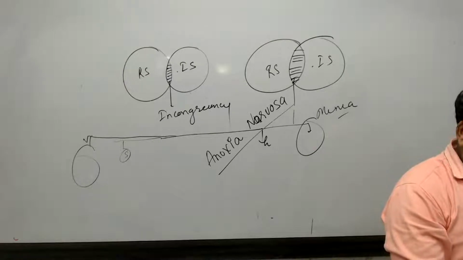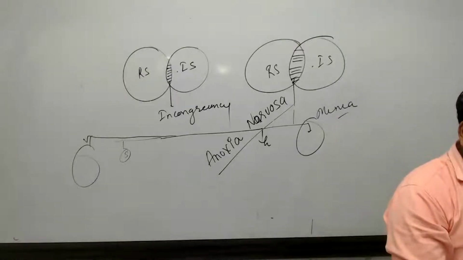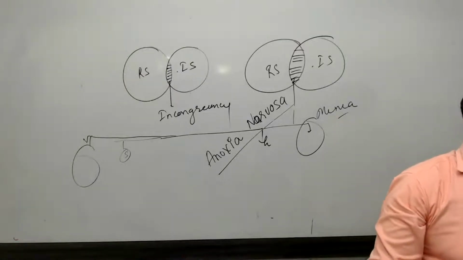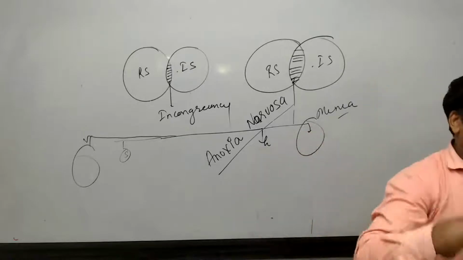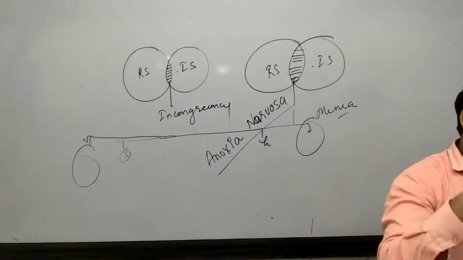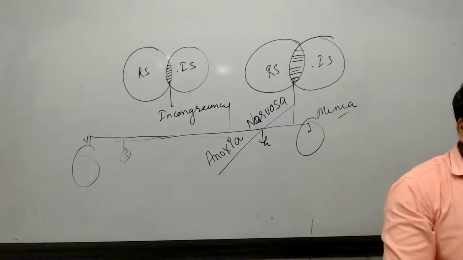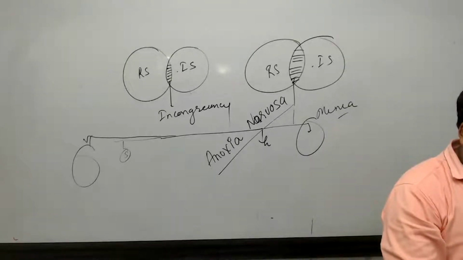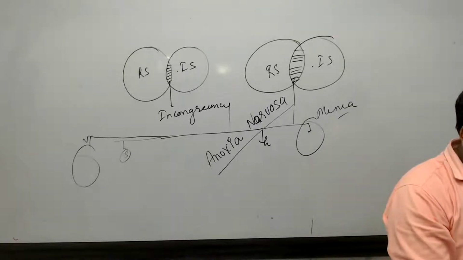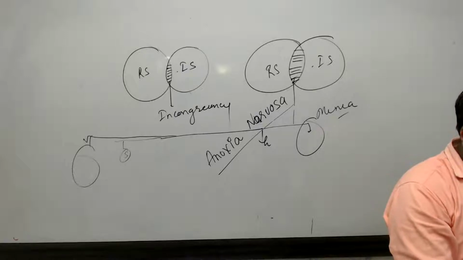And another is bulimia nervosa. Bulimia nervosa means they eat a lot and then vomit. They eat and they vomit.